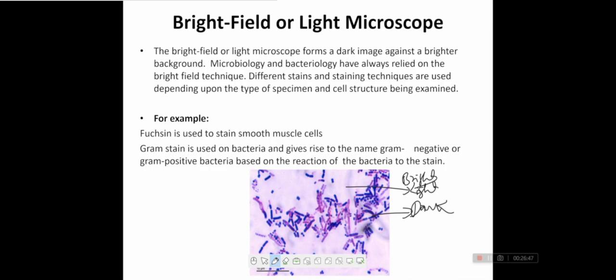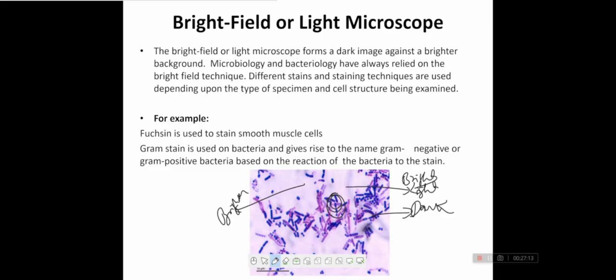What is the principle of bright field microscopy? Bright field or light microscopy forms a dark image against a brighter background. Microbiology and bacteriology have also relied on bright field techniques.